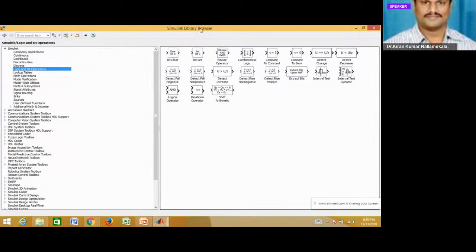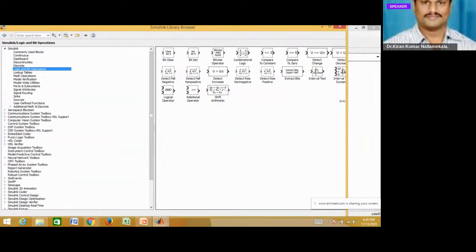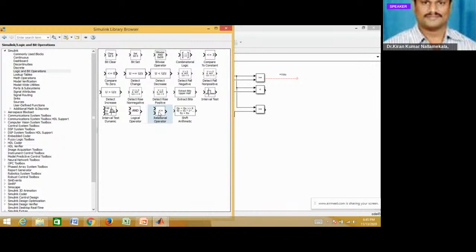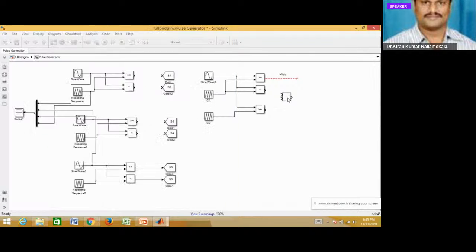In the logic and bit operations, you have a relational operator and a logical operator. Take it. As an AND operation is required, keep it as an AND operator. So this is related to the zero voltage level.